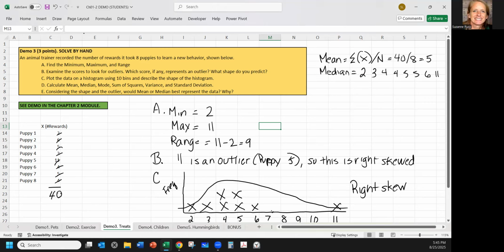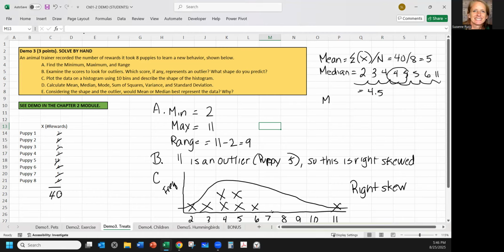We have four numbers on each side, and these two in the center, so the median equals 4.5, the number right in the middle of those two digits in the center.